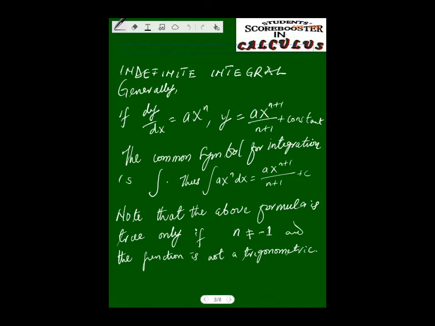Now, indefinite integral. Generally, I'm going to take it from differentiation. If dy/dx is equal to ax raised to power n, this is differentiation.